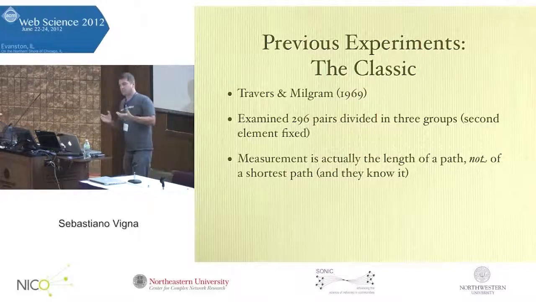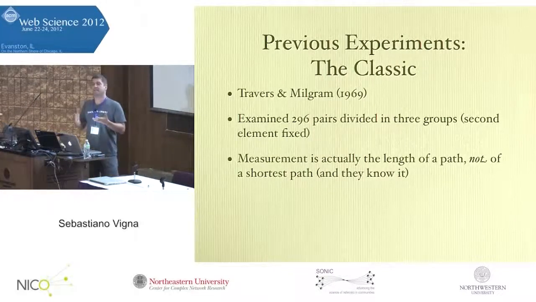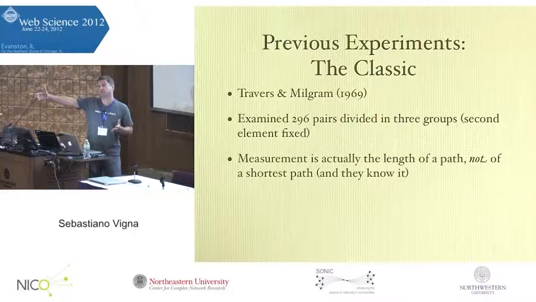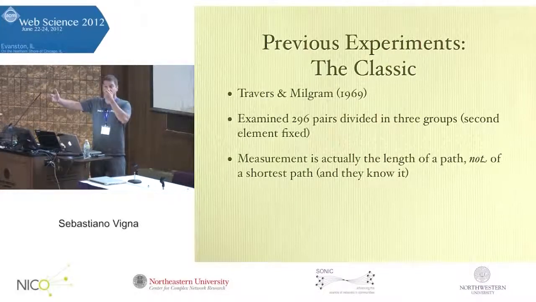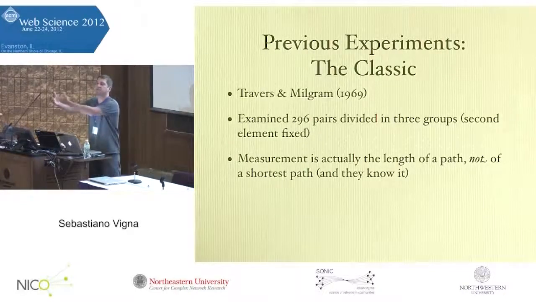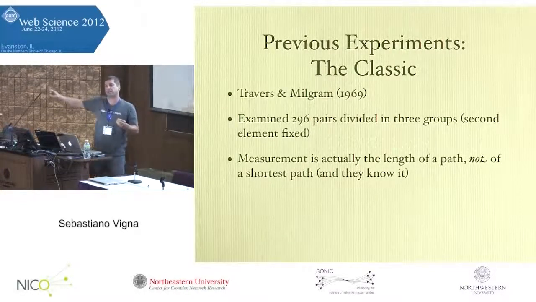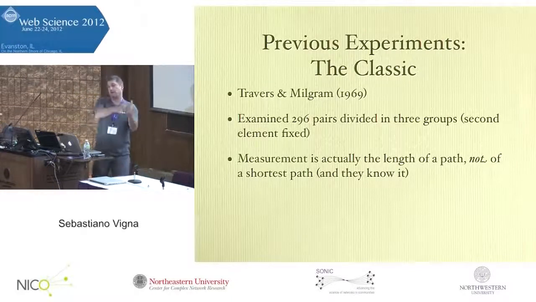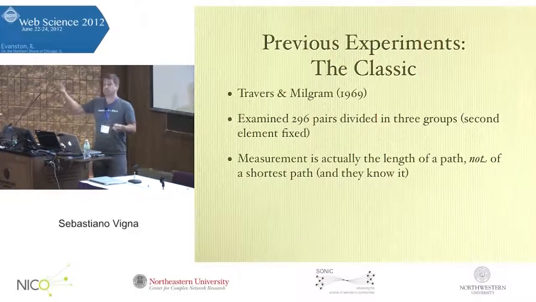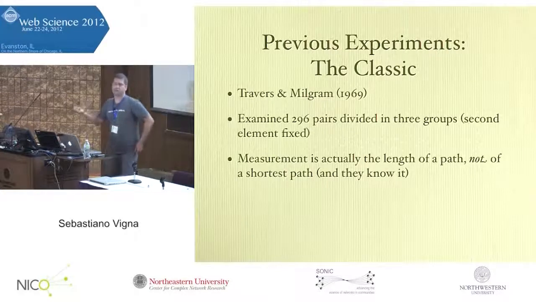What they did was to ask people, please send this postcard to this person you don't know by sending it to your friend that you think will be closer to getting the postcard to the final recipient. In this way, they got chains of friendship going from these 296 people to this single recipient, who was a stockbroker in Boston.